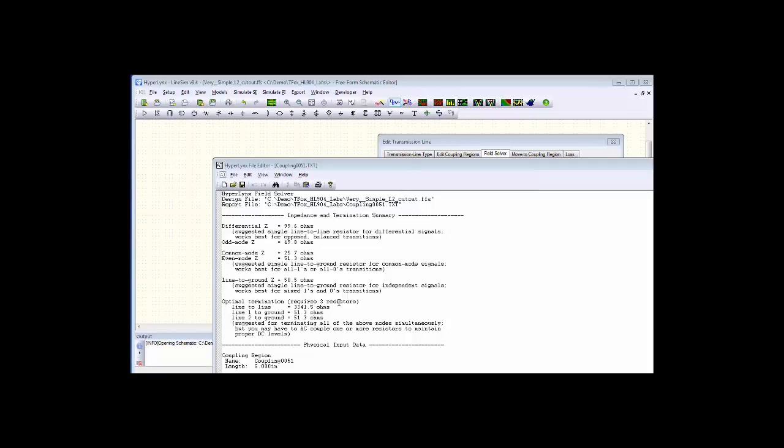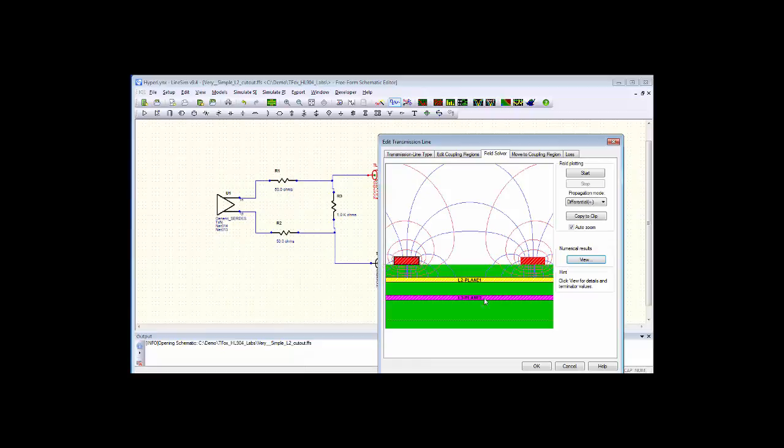It says optimal termination. So line to line I've got it at 100, and it says line to line in this case is closer to 3,300. The line to ground is 51.3. So let's try to use that information and see what we can do with it.